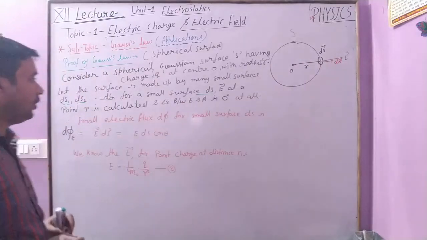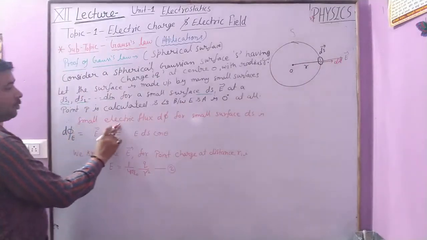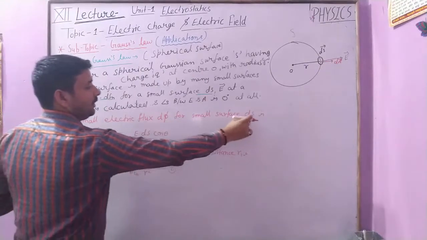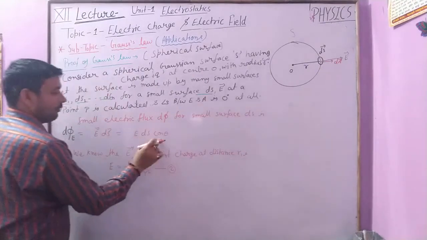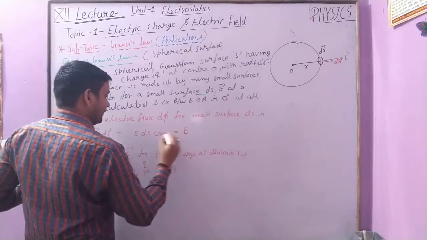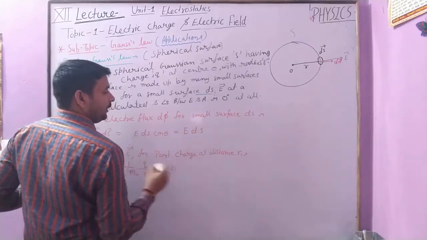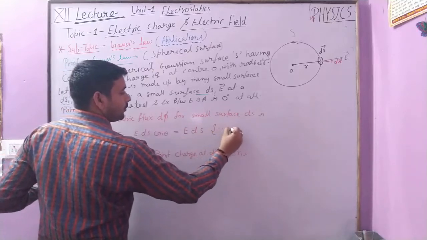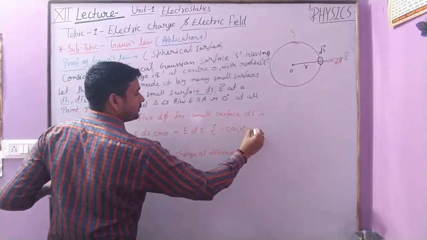Therefore, the small electric flux d phi for the small surface ds is given by this. Because theta is 0 degree, you get ds only, because cos 0 degree is 1.